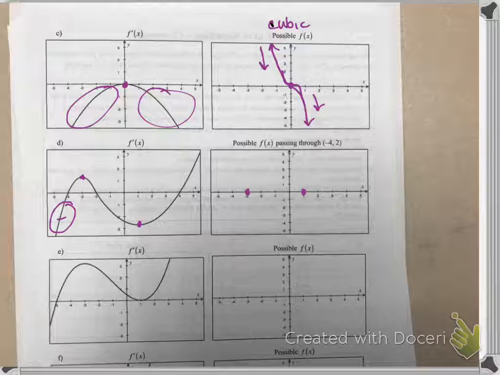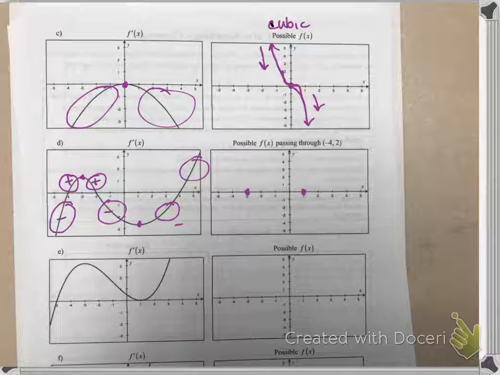So my function is decreasing up until I hit 4. Then it's going to be increasing from 4 to negative 3. It's still increasing from negative 3 to 2. Then it's going to be back on the negative side. Because I'm looking at where it's located only. So I got some negatives, and then I got some positives here.